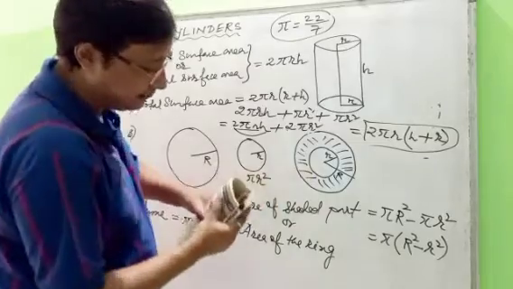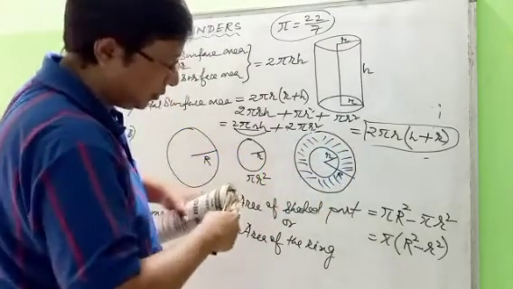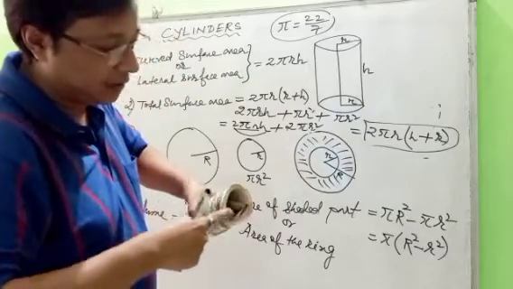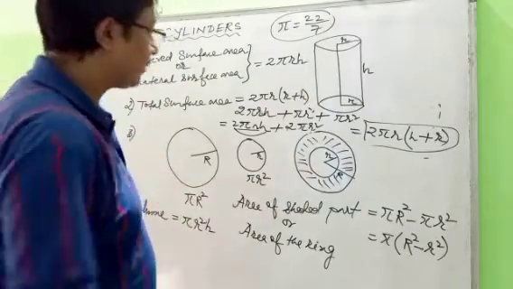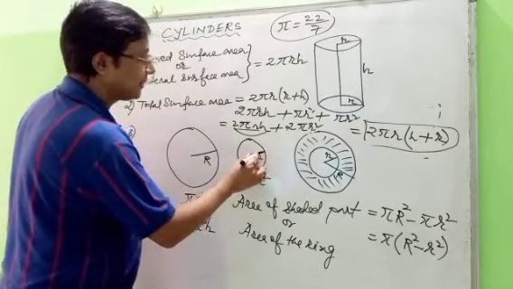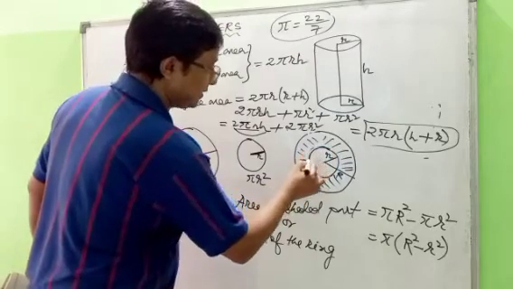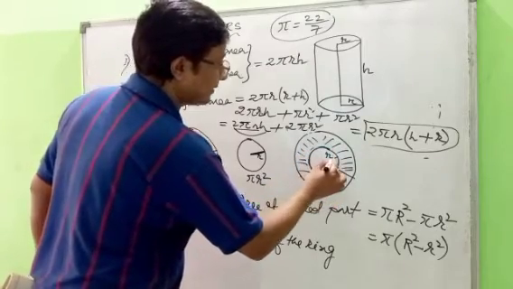So you just think in this way. This is the part, and you are going to find the area of this part. Here you have taken the inner radius, this is r. So you have taken this circle, the inner one, so the radius is r.